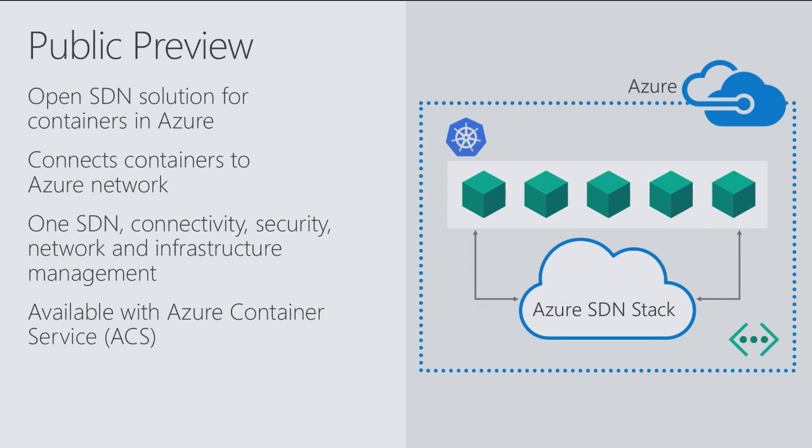And what this gives you is full connectivity, like I was saying, because each container that is coming up in this container host is going to have its own private IP address. This can talk to other containers, or even to on-premises or other virtual machines. This IP is fully routable because it belongs to the virtual network. So there's absolutely no need to do a NAT or an overlay. It's basically direct connectivity.